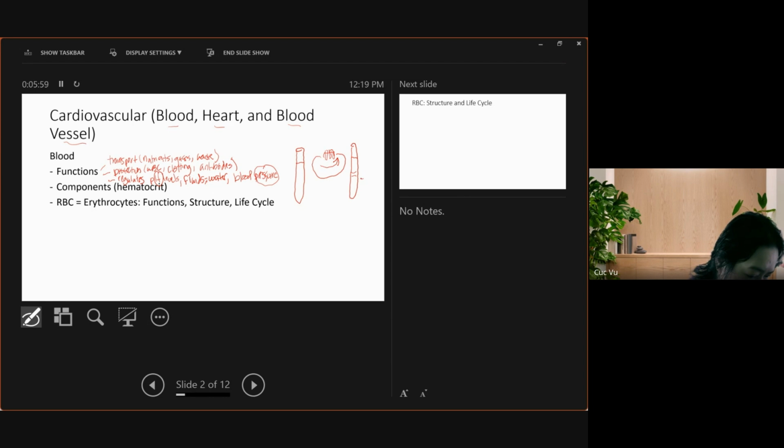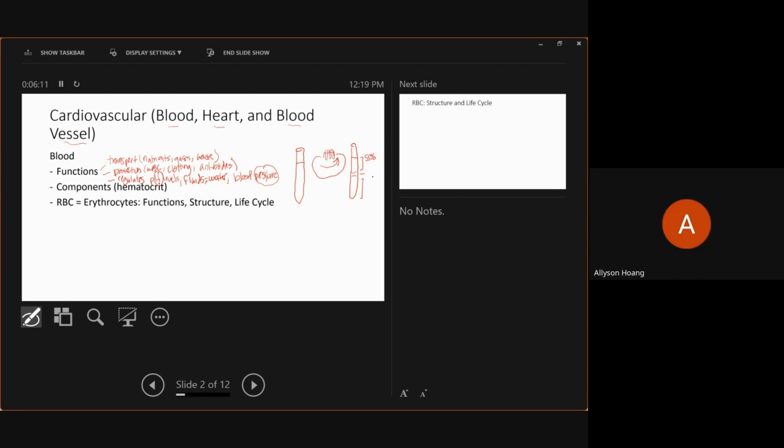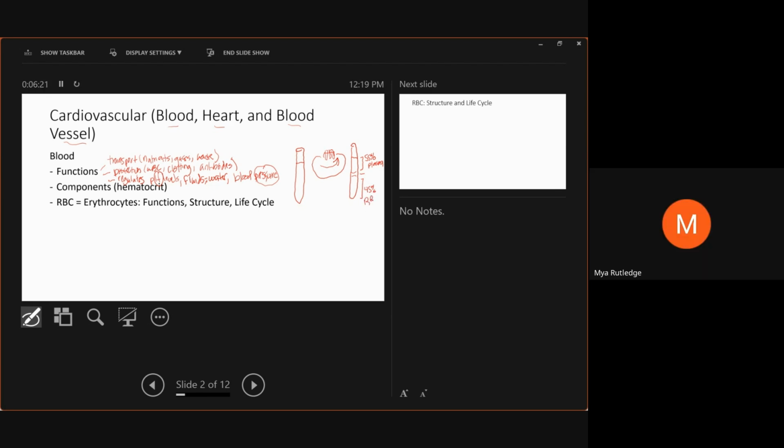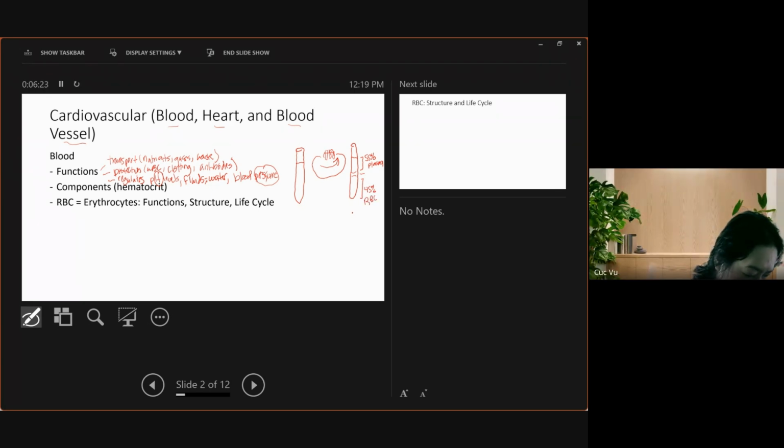Let's start with the most abundant. About 55% of your blood is what? Plasma. Perfect. And about 45% of your blood is what? Red blood cells. Excellent. Another name for red blood cells is?